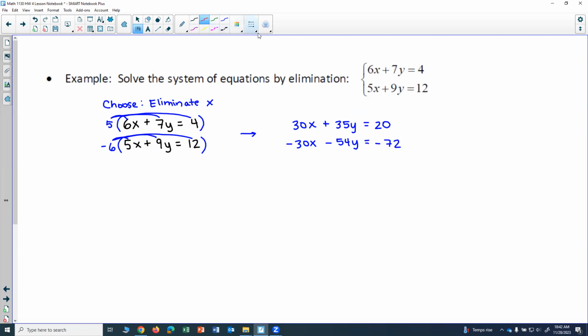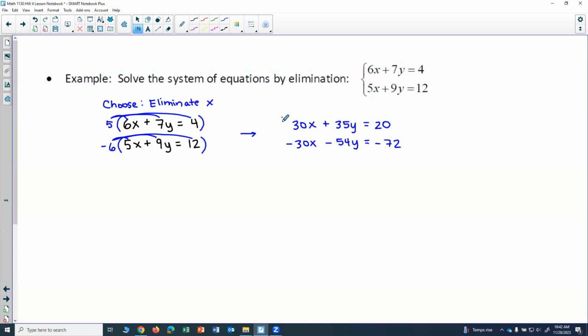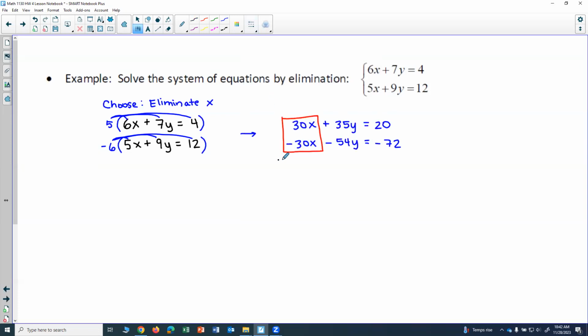So now I'm going to add my two equations together. Notice that in front of the x, I get a positive 30 and a -30. So when I add my equations together, those x's actually cancel each other out. 30 minus 30 would give me 0x. Now I have 35 minus 54.